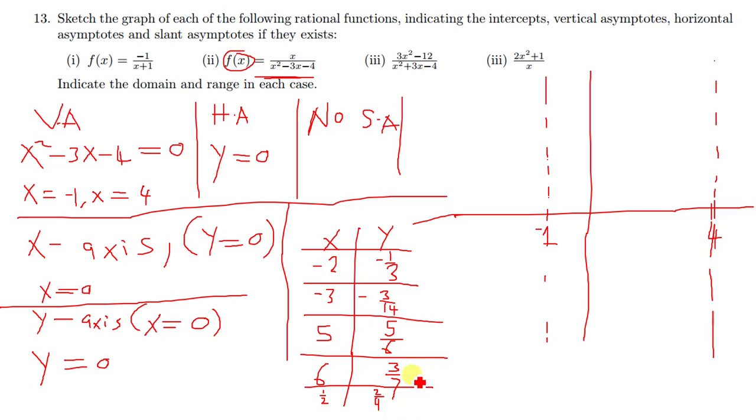2/9 as your answer. So let's try to plot these points. When you plot -2, -1/3, it's just somewhere, I will approximate it to be maybe there.